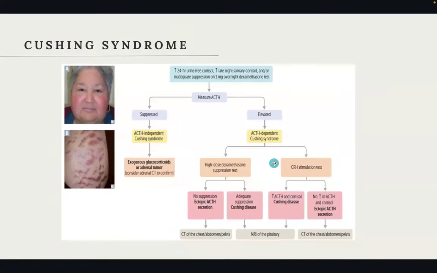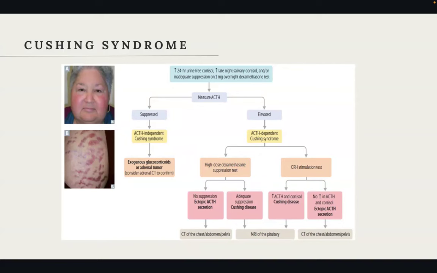Now, I want to know, is this ACTH coming from an ectopic or paraneoplastic source like the lungs, or is it coming directly from the pituitary, to diagnose it as Cushing's disease? This is where I do the high dose dexamethasone test. If I were to give a low dose dexamethasone, it's not going to be suppressed. It can only suppress the adrenal tumor.